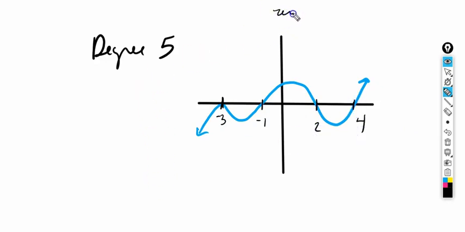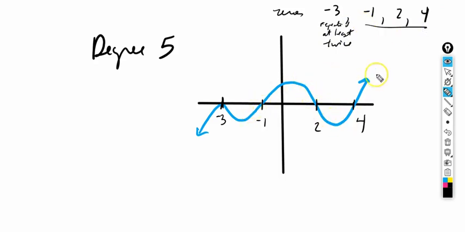Okay, what are the zeros? The zeros are where I have x-intercepts, so -3, -1, 2, and 4. But now -3 touches and bounces back, so it has even multiplicity, so it's repeated at least twice. But for the rest of these, it crosses through, so these have odd multiplicity.